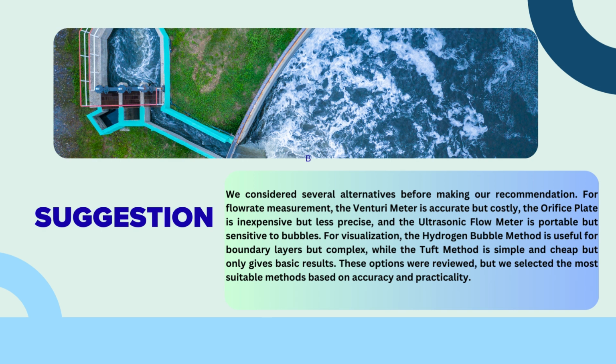The ultrasonic flow meter was attractive for its portability and non-intrusive design, but its sensitivity to bubbles and alignment issues posed limitations. For flow visualization, we evaluated the hydrogen bubble method, which is highly effective for studying boundary layers but requires a complex setup and safety precautions. The tuft method was also considered due to its simplicity and affordability, though it only provides basic qualitative insight.